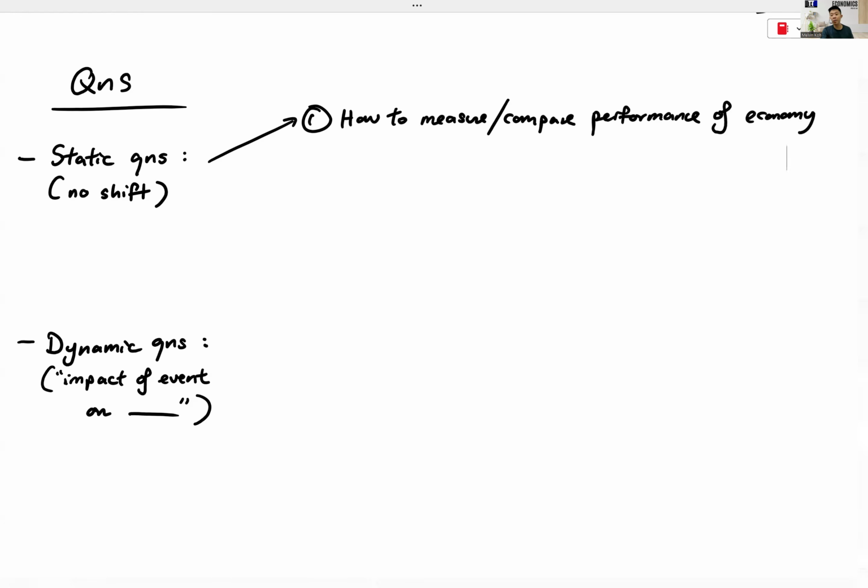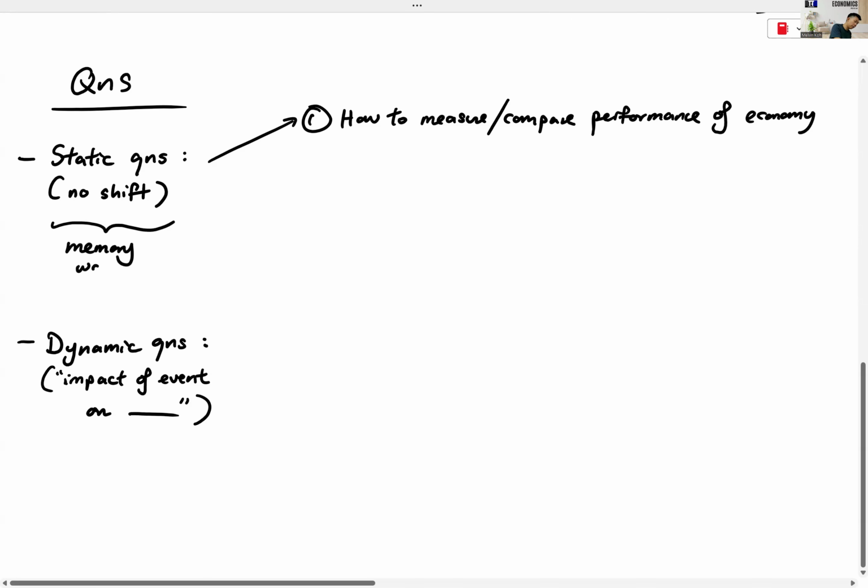How do you compare, how do you measure the performance of an economy or economies? Right? No shift. You just explain, very static. It's basically saying memorize. This is memory work.